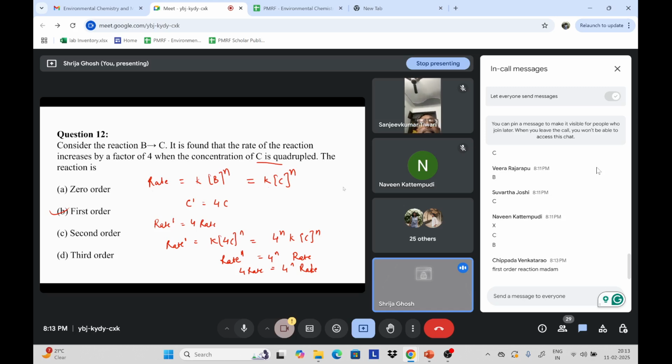All of you who are getting option C, that second order reaction, you can recheck what you have done.